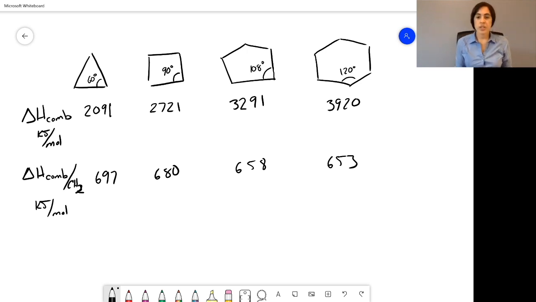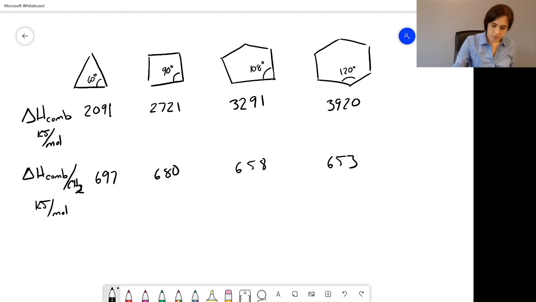So per CH2, cyclohexane has the lowest heat of combustion, which means that this is the least strained of our systems. Now, that is not consistent with the flat structures that we've drawn here. So how do we explain that? Well, we have to go through and actually look at these molecules, and that's what we're going to do now.